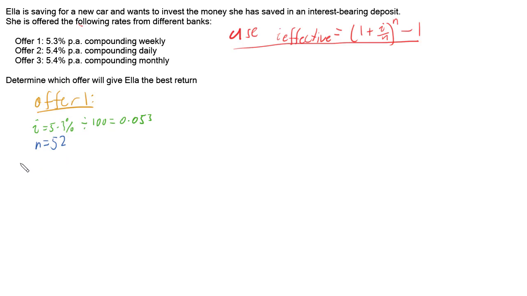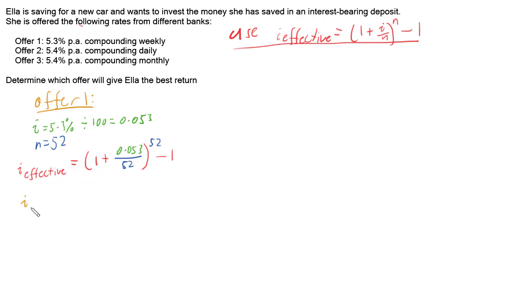So now if we go to our rule, i effective for offer 1 is going to be 1 plus little i, 0.053, divided by n, 52, to the power of n, 52, minus 1.